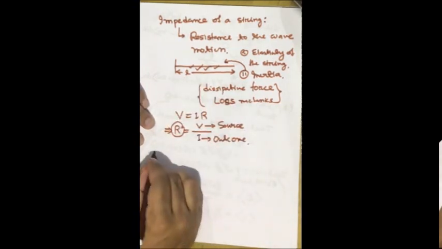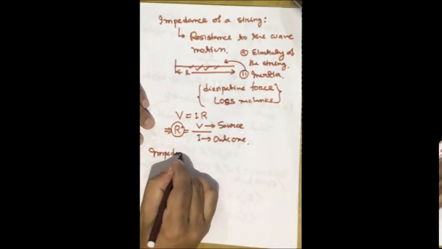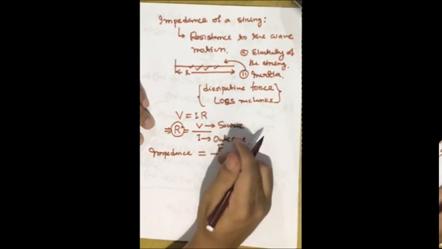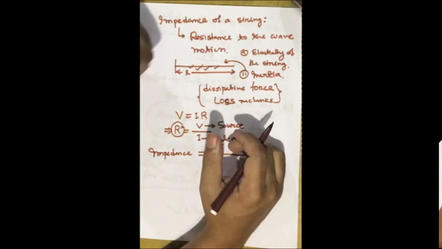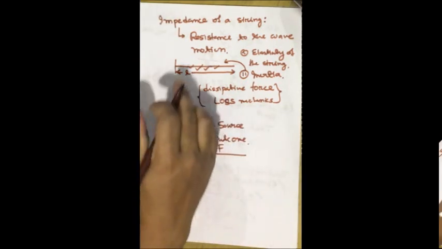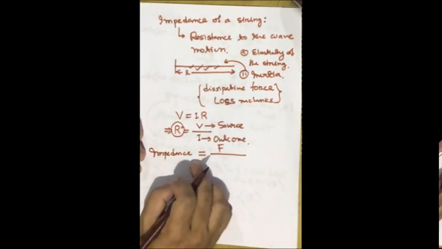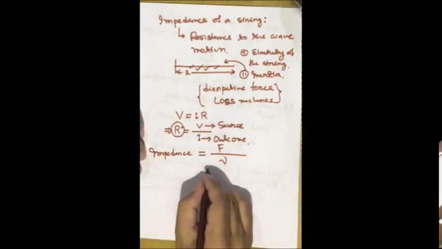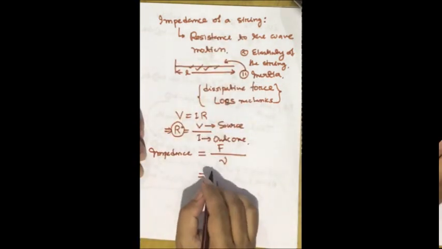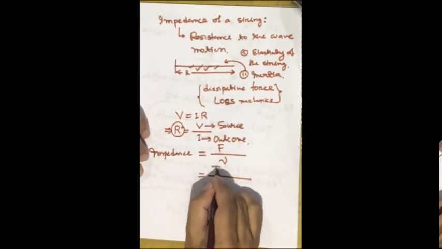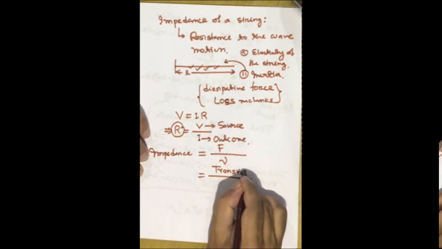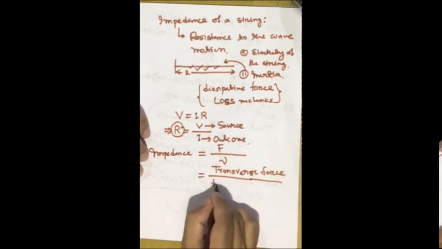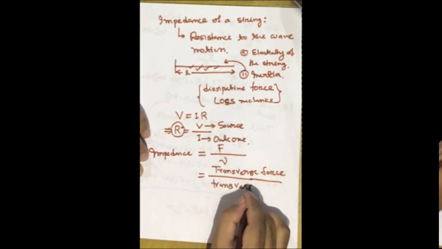So the impedance of the string is defined as the force F, and the outcome is the propagation of the wave, that is the wave velocity. We can define the impedance of the string as F divided by V. Since we are considering the transverse wave, F we can write as transverse force over transverse velocity.